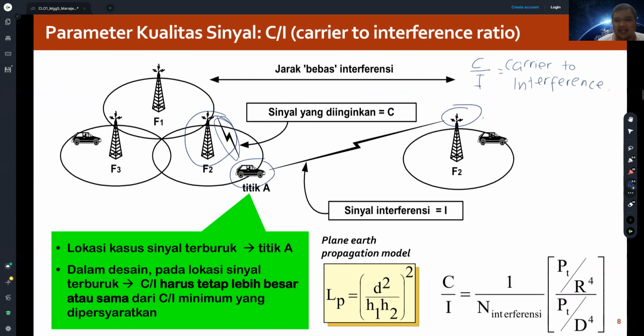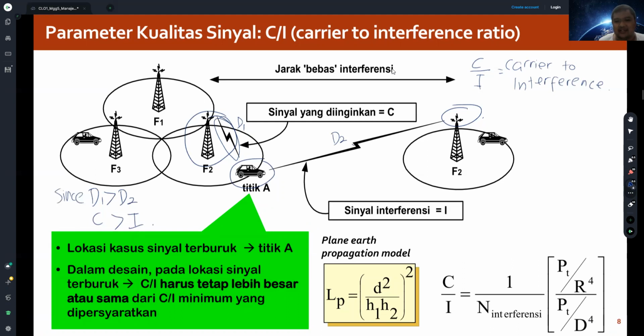Since the distance to the second tower is longer, the power of the carrier will be much larger compared to the interference. Let's say this one is distance 1 and this one is distance 2. Since D2 is larger than D1, the carrier will be larger than the interference. That is very favorable when we are talking about a wireless communication system.